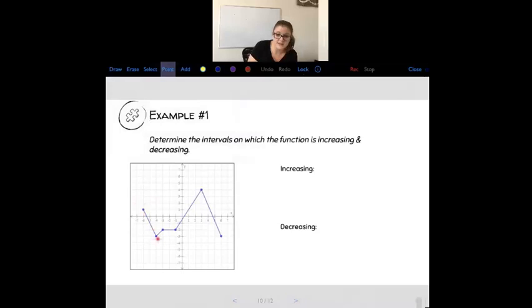We go down, this is decreasing, back up, increasing, flat is constant, going up is increasing, going down is decreasing. If I would have read the graph the opposite way, from right to left, I would have gotten increasing, decreasing, constant, decreasing, increasing. It would have been completely backwards. So make sure that you're reading this from smallest to biggest or from left to right.